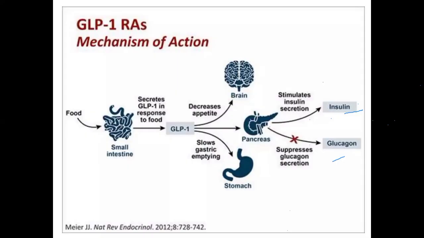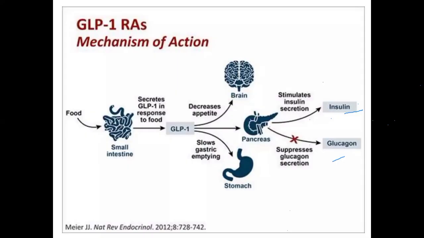But what do GLP-1 receptor agonists, that is exenatide or liraglutide, do? It suppresses the glucagon secretion, so glucagon is not released.